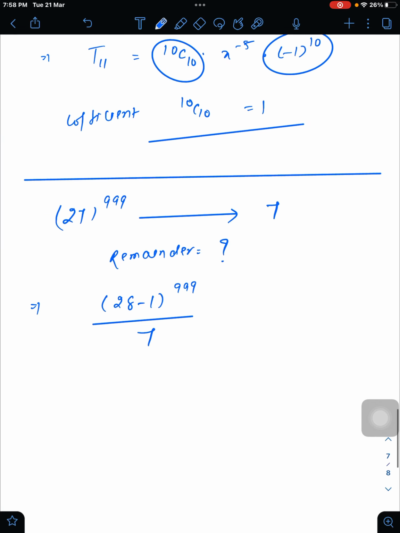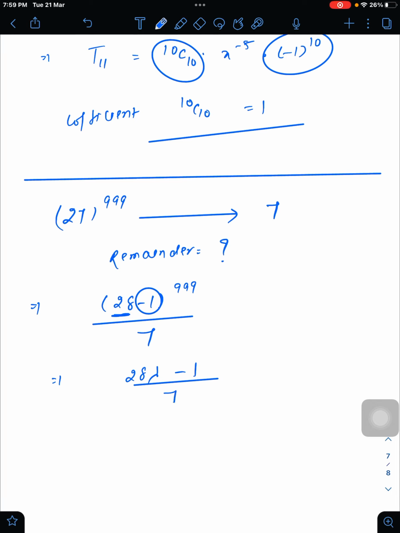Now my next step is, can I write it like this? I don't know the expansion of this because it is going to be very long, no? Very long. Okay, and look, 28 is divisible by 7, so we are always going to get the remainder as what? Minus 1. So can I write it like this? 28 lambda minus 1 upon 7.